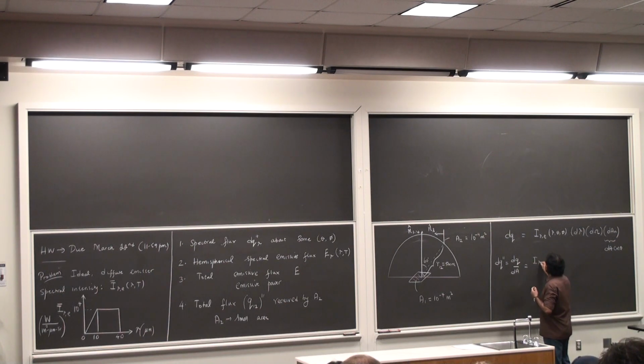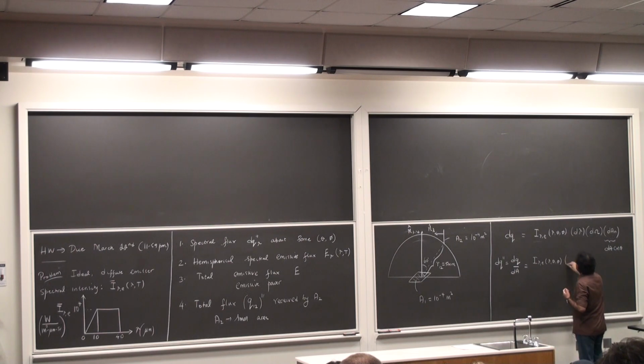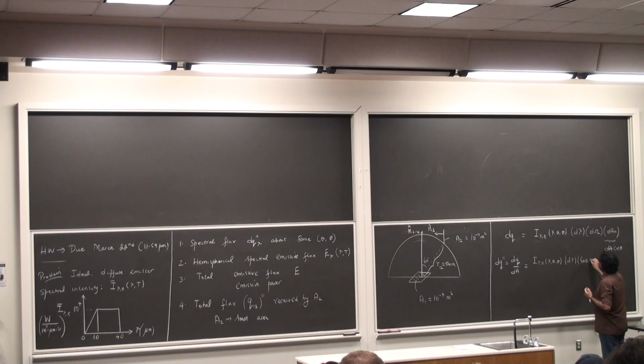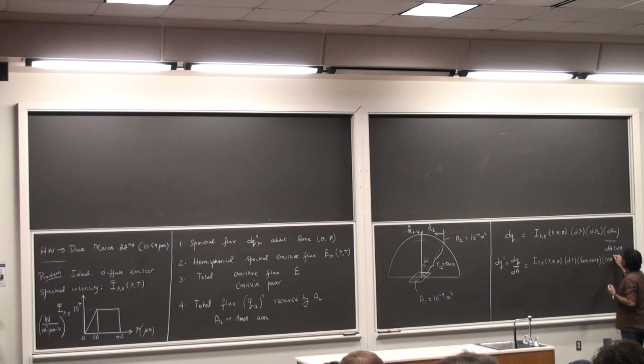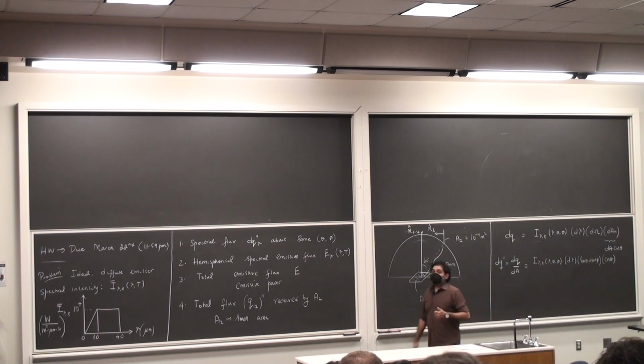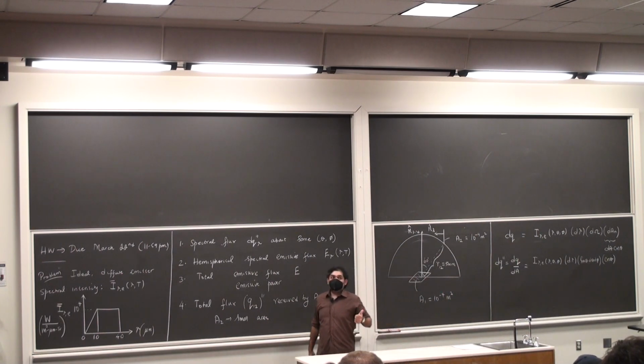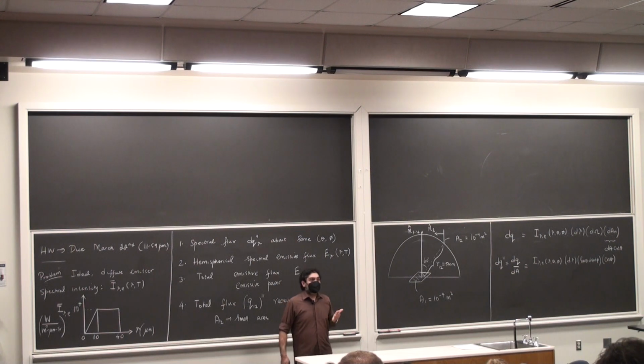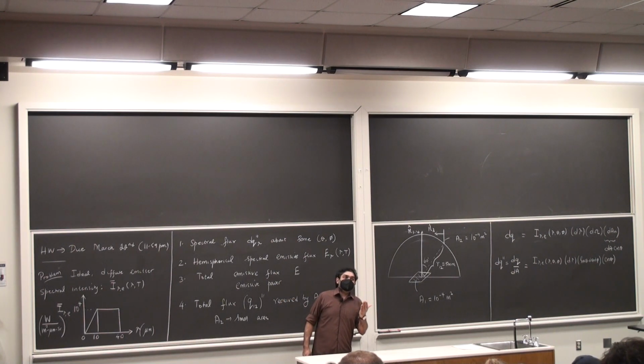This is I lambda,e of lambda, theta, phi, d lambda, sine theta d theta d phi, cosine theta, because I took the dA and then I brought it here. What is this term? This is the emissive flux over a fraction of the wavelength range d lambda and for a specified direction.